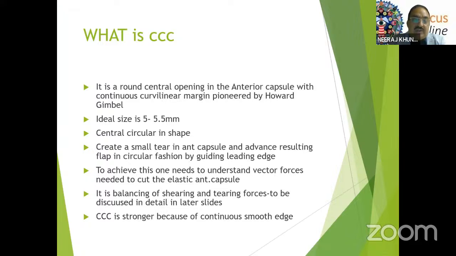To achieve this, one needs to understand vector forces needed to cut the elastic anterior capsule. It is balancing of shearing and tearing forces, which will be discussed and shown in the videos in later slides. CCC is stronger because of the continuous smooth edge.